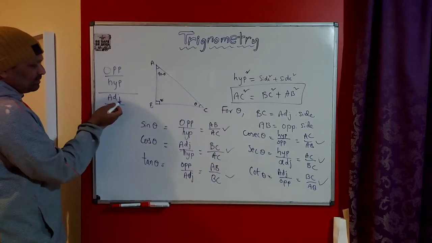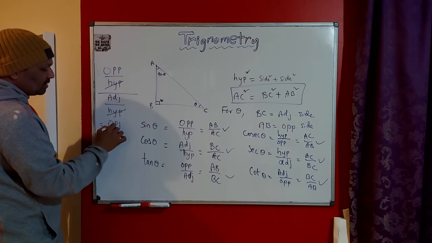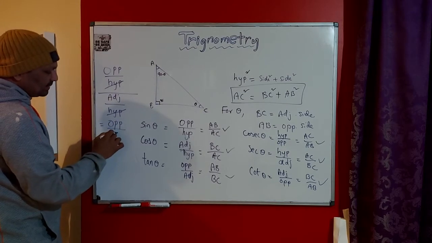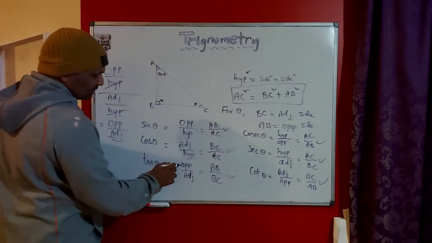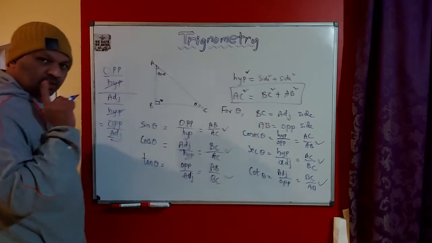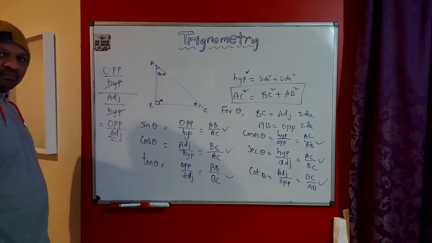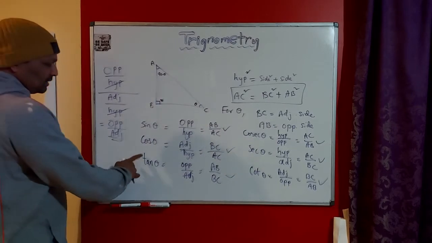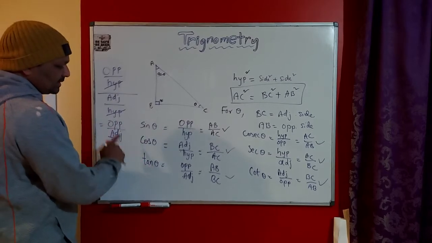If you simplify, the hypotenuse gets cancelled, and you will be left with opposite by adjacent. That's what you got here. So tan theta can also be written as sin theta by cos theta.